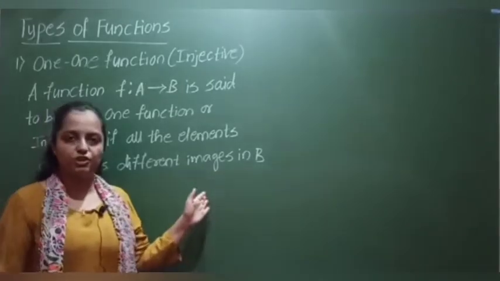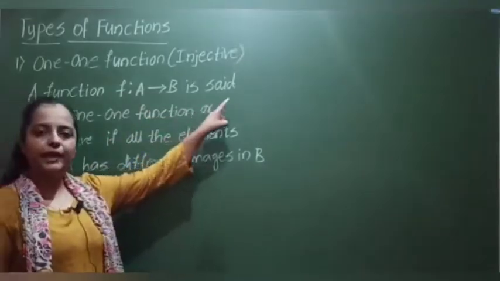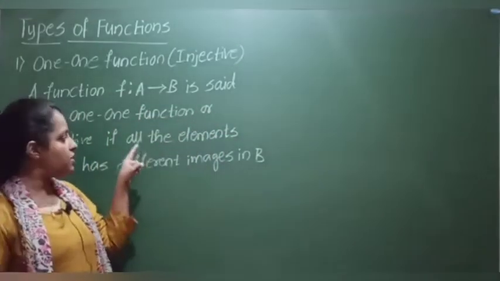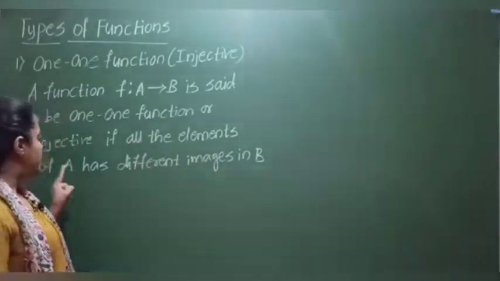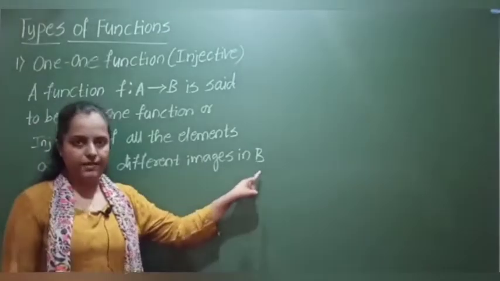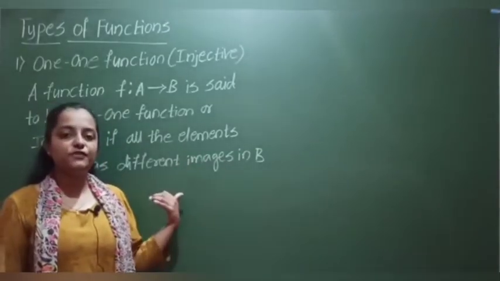Otherwise this function is called many-one function. A function f from A to B is said to be one-one or injective if all the elements of the set A have different images in set B. You already know the definition of function. What is the definition of function?